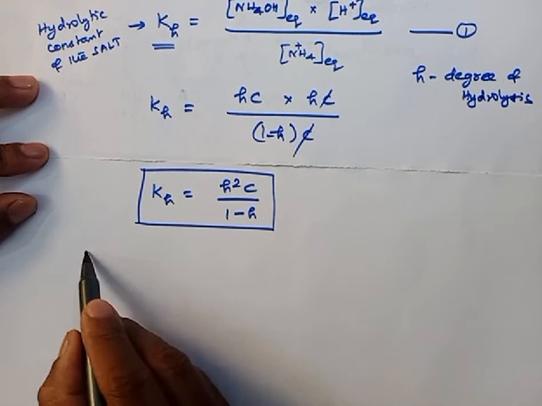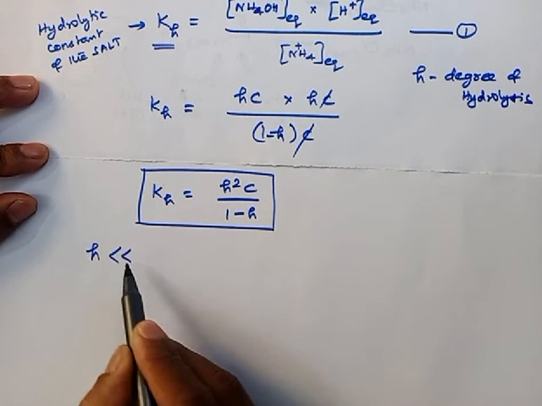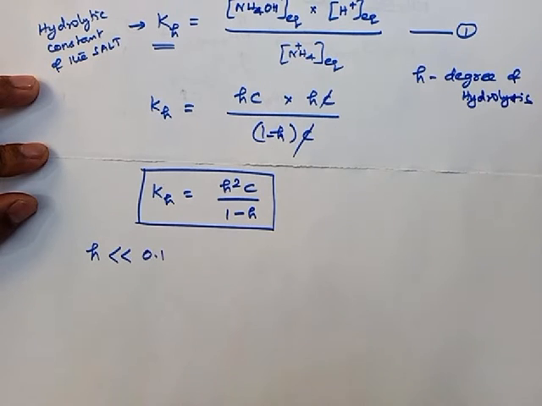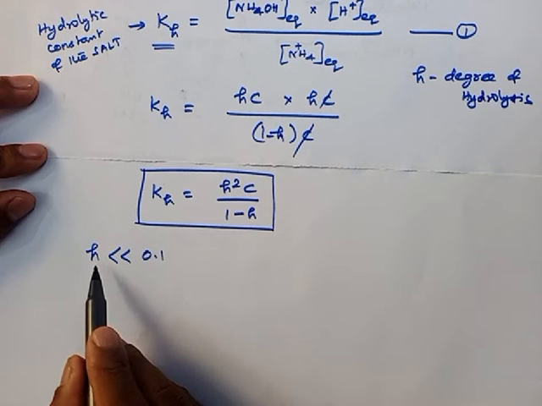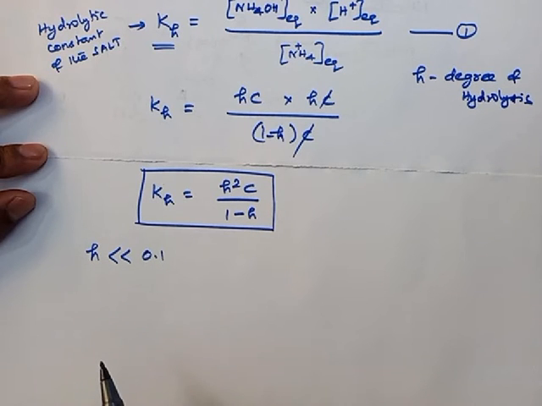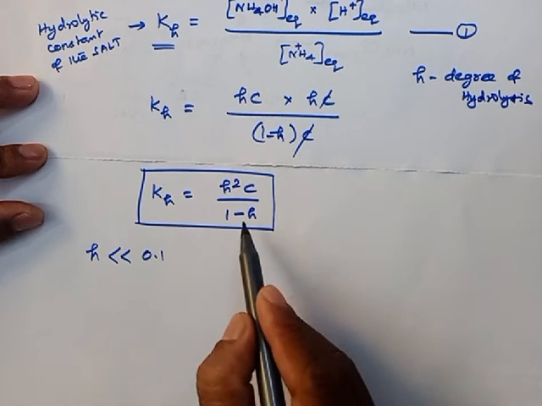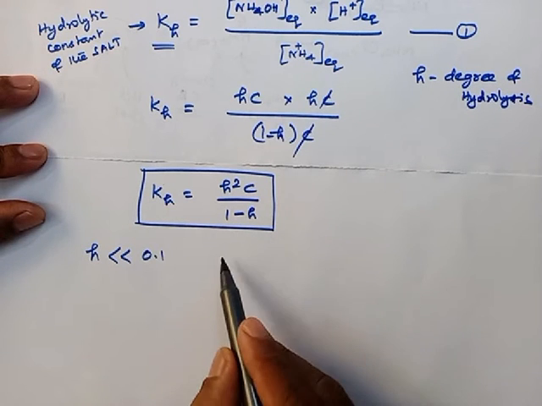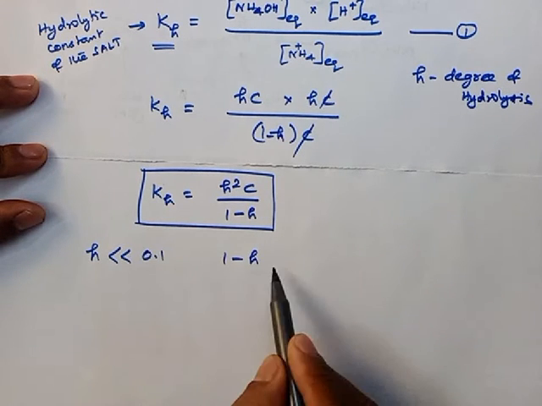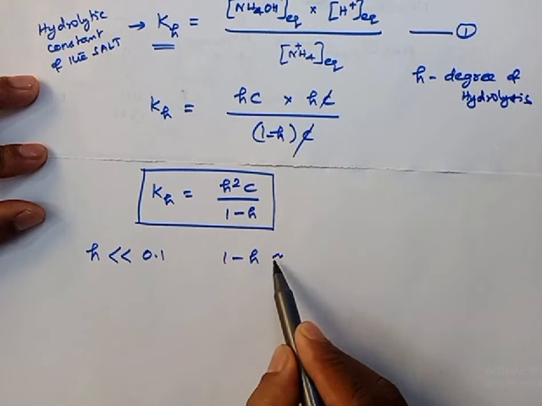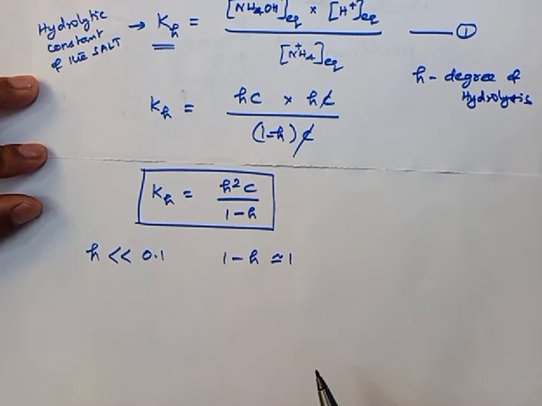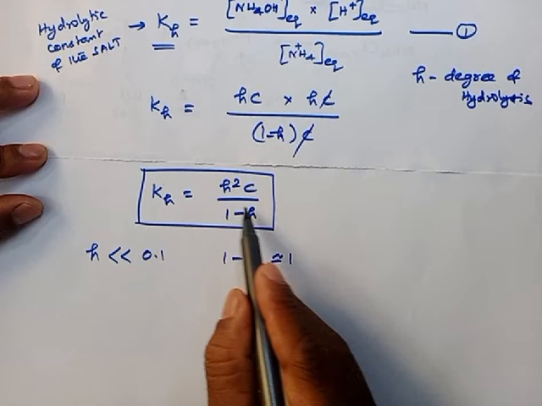Suppose h, the degree of hydrolysis, is less than 0.1, then since h is less than 0.1, I can say 1 minus h is approximately equal to 1. Therefore, in the place of 1 minus h, I am going to put 1.